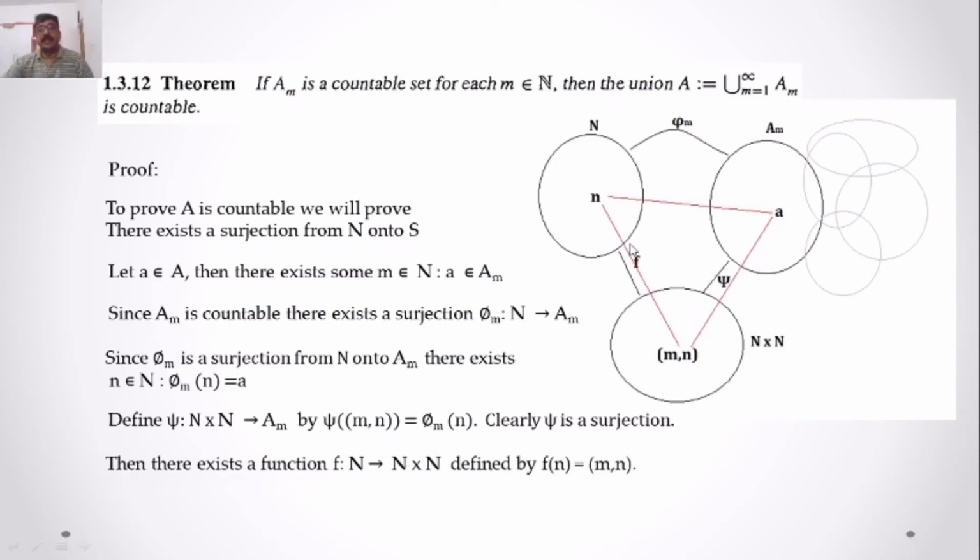Then there exists a function f from N to N cross N, with f of n equal to this (m, n). Now imagine psi composition f. Clearly it is a surjection from N to A. Hence, the union of A_m is countable.